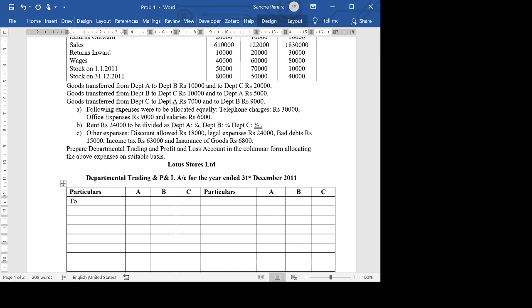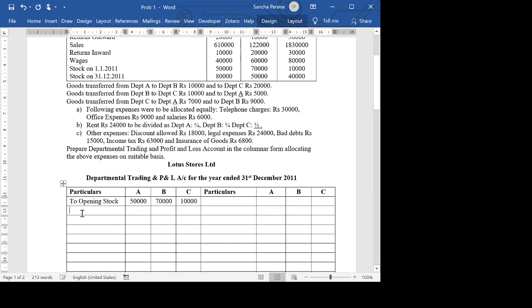The first thing, the first item is always, be a little quick to answer, the first item is always opening stock. You always start the trading account with opening stock, and if you see, the opening stock on 1st January is 50,000, 70,000 and 10,000.